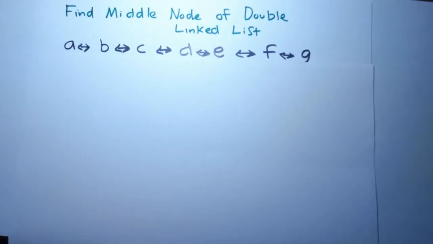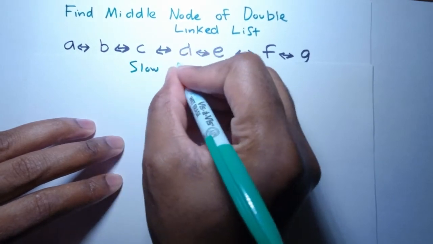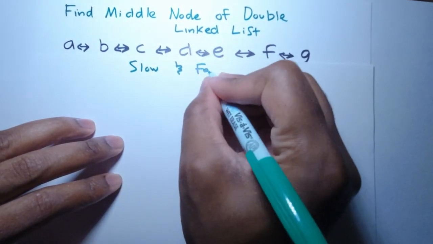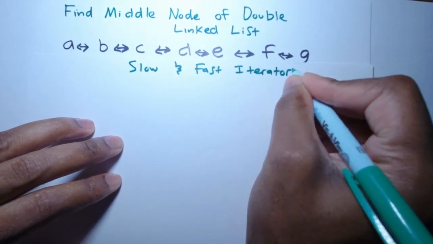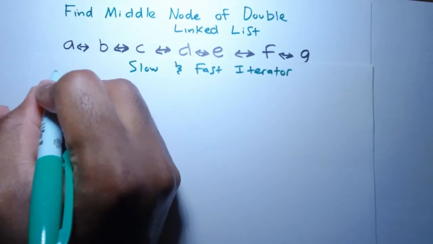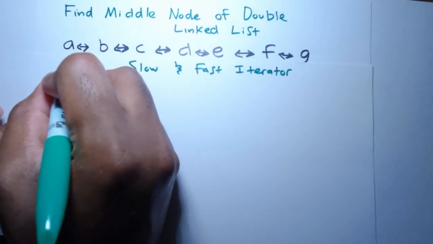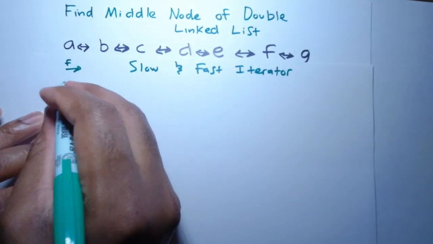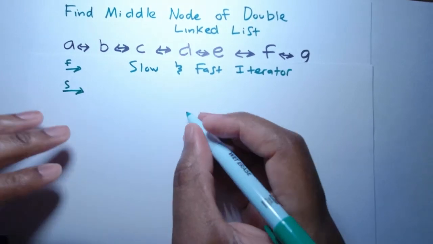The third approach is to use a slow and fast iterator. So in this approach, we will increment from the left side, and we have F, that is our fast iterator, and then we have S for our slow iterator.